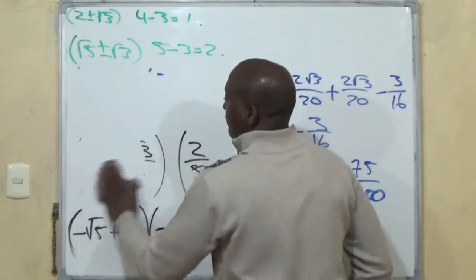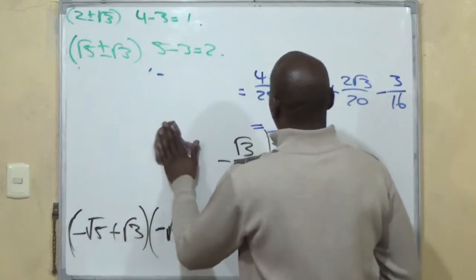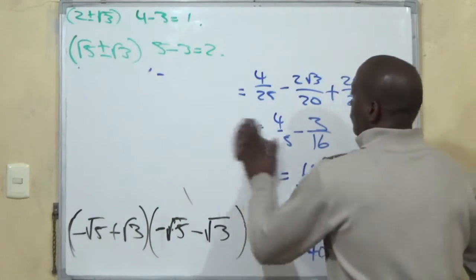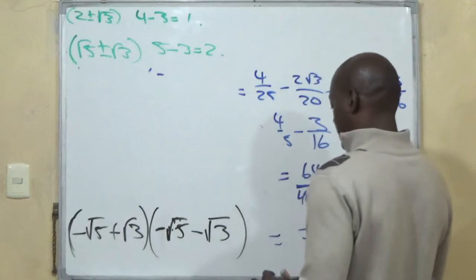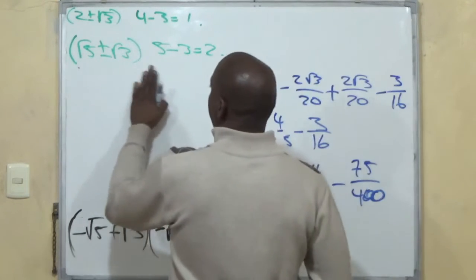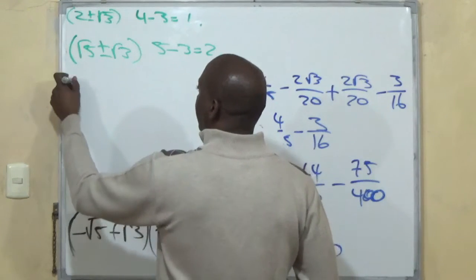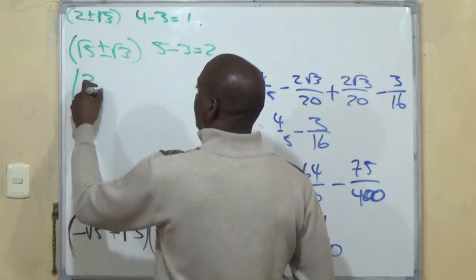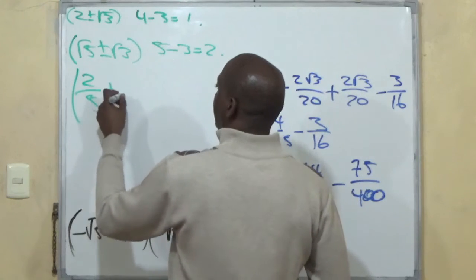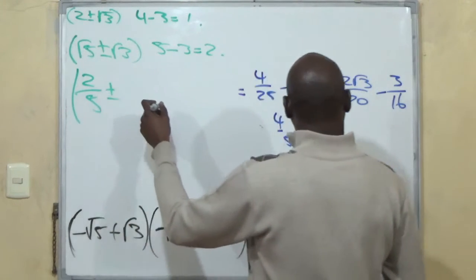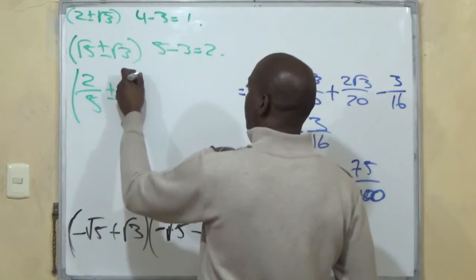And just as we did before, we took 2 over 5 plus or minus root 3 over 4.